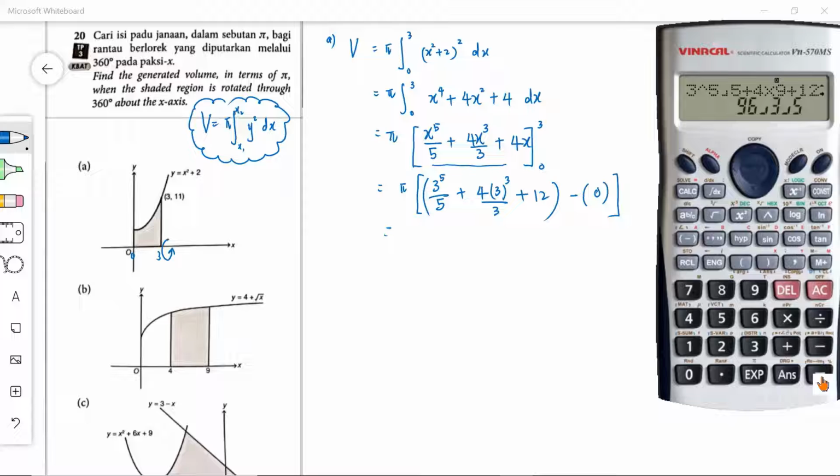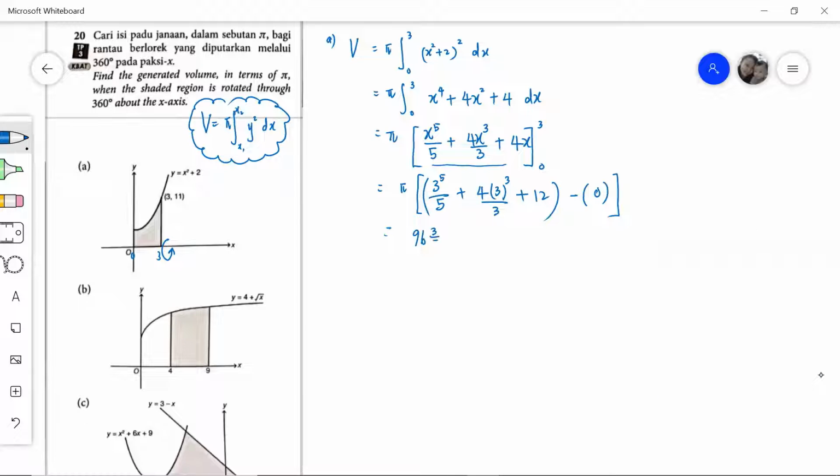Therefore, the answer is 96 and 3 over 5 pi unit cube. Okay, so that's it. We found the volume generated for A.